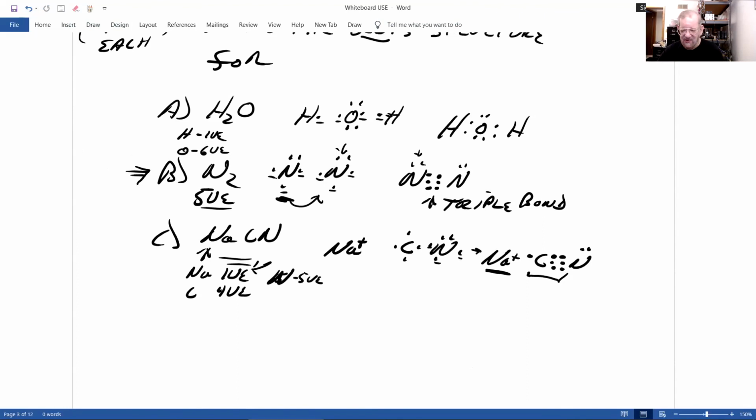It went over to carbon, and now it has an extra charge. Sodium cyanide has both a triple bond and an ionic bond between the sodium and the cyanide anion. And that was on test 2 that a lot of you blew it. Make sure you know how to do that.